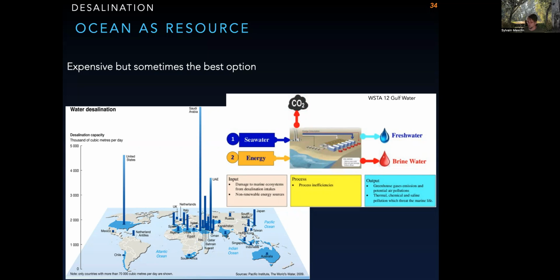You're only making 50% at best of fresh water, and you're accumulating this other 50%, which is in fact full of salt water. And so this creates some local pollution as you release this brine water. If you release it in a lake or in an aquatic environment, you will overdose that place with salt. And if you do it on the soil, you will in fact dry up the soil.